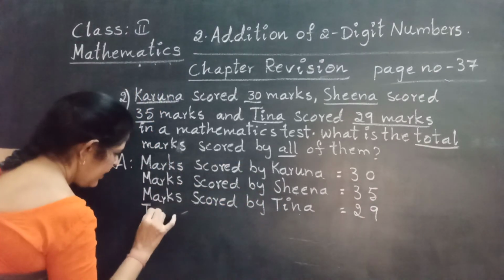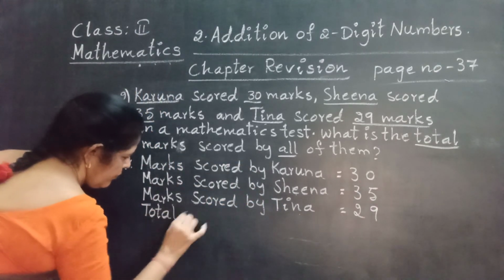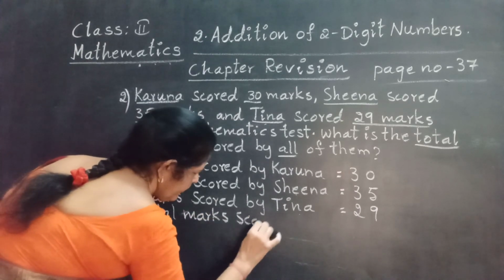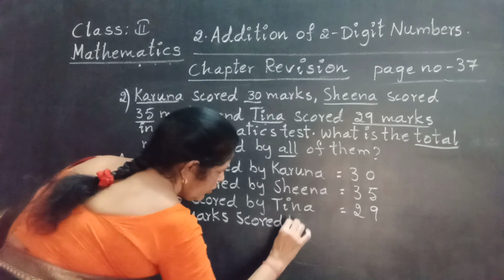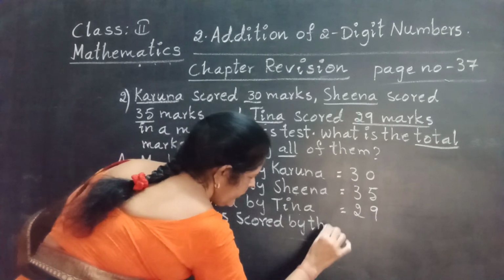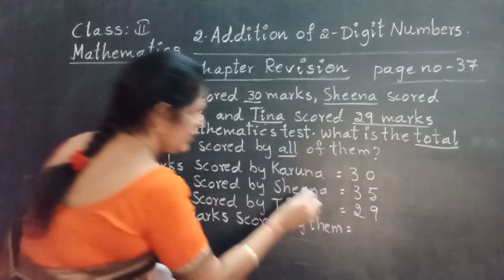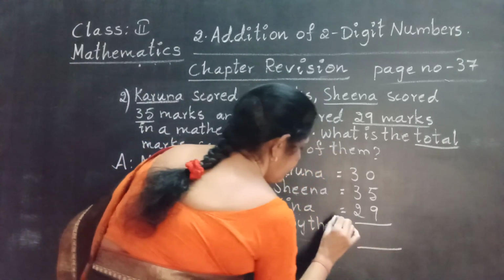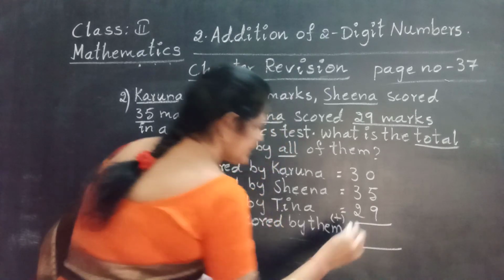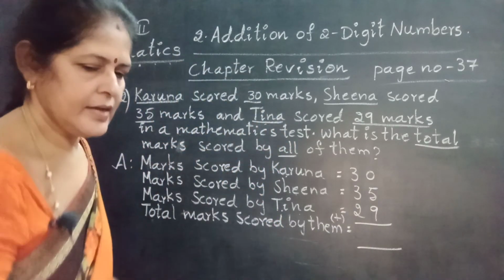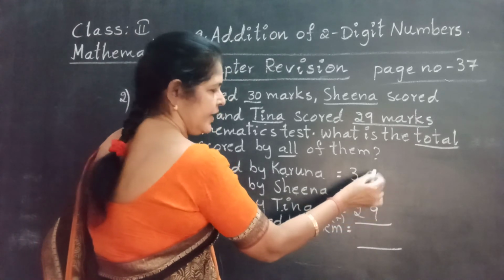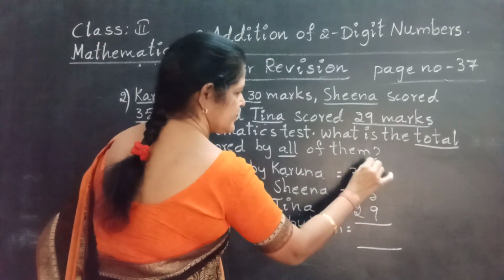Now total marks scored by them. Them means three children, Karuna, Sheena, Tina. We get the total by addition. Put the symbol plus. Add. First ones, next tens.